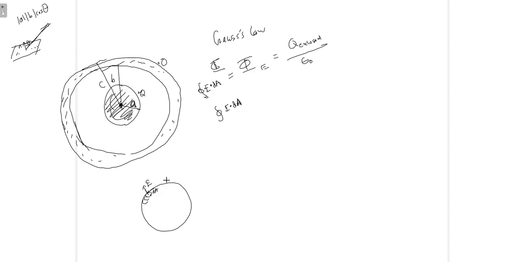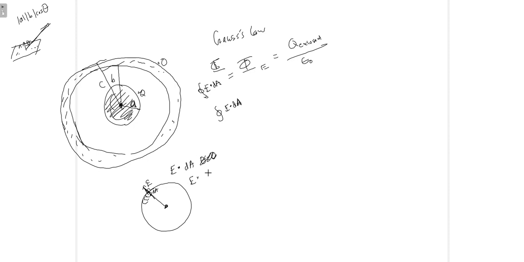The beautiful thing about this sphere is that because the charge is in here, the electric field is in line with the unit normal vector of the area. So theta is in essence 0, and cosine theta is just 1.